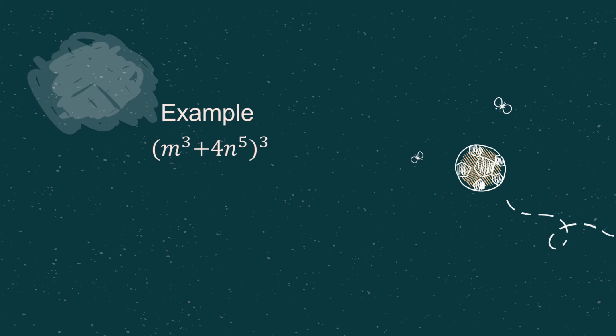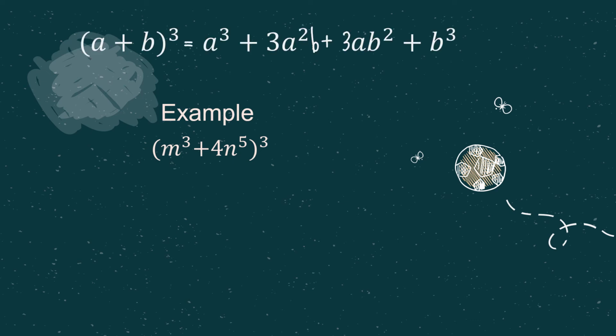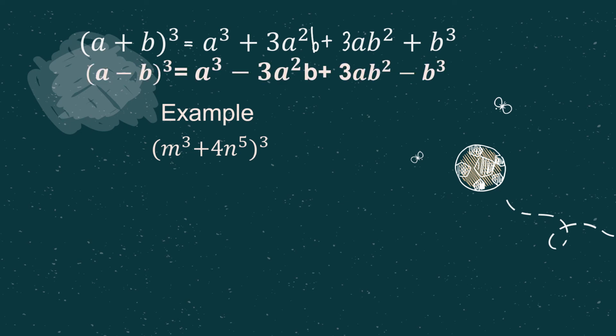The first thing you need to do is to identify which form it is. Is it a plus b cubed or the quantity of a minus b cubed? Here we can clearly see it is the first one. So we write a cubed plus 3a squared b plus 3ab squared plus b cubed.